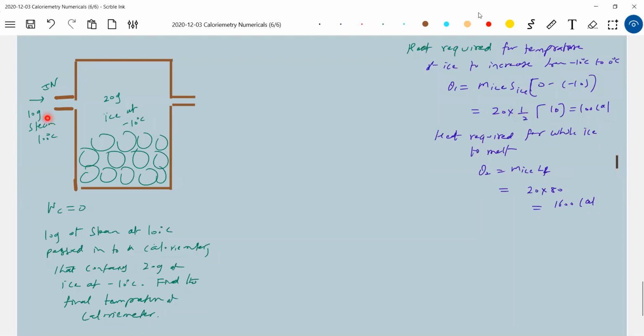If all steam condenses, 5400. So what do we expect? All steam should condense or only a part of steam to condense? So I'll get into this one.